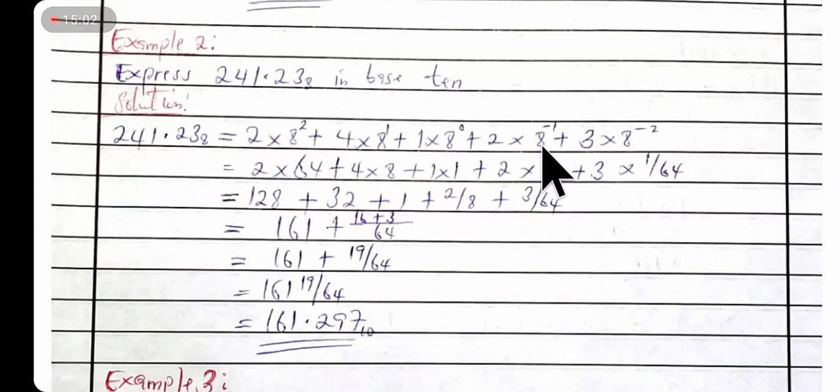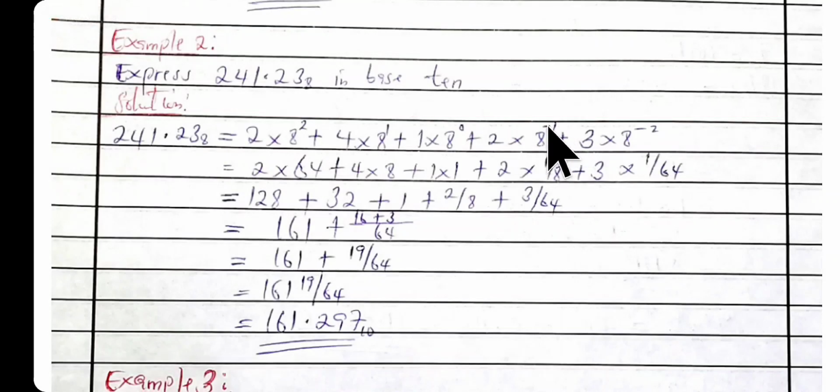Now that it is multiplied by this base, after this 0, of course, the next thing is minus 1, and then minus 2. Then 2 times 8 raised to power 2, 64, plus 4 times 8 raised to power 1 is 8, plus 1 times 8 raised to power 0 is 1, plus 2 times 8 raised to power minus 1.